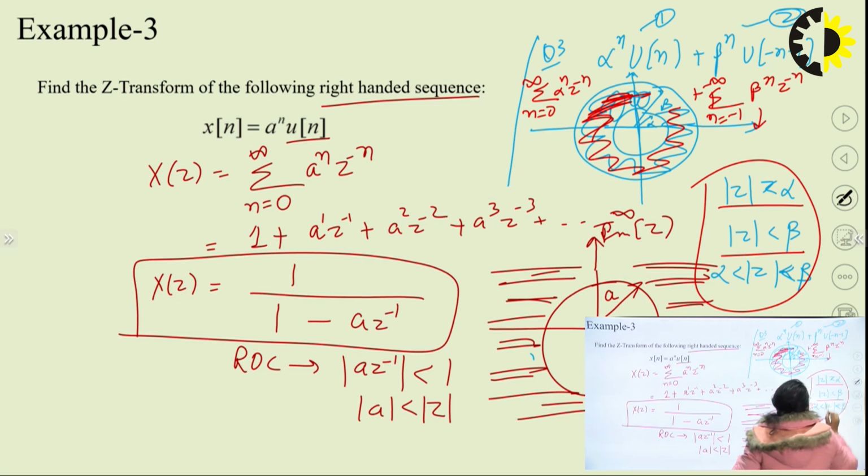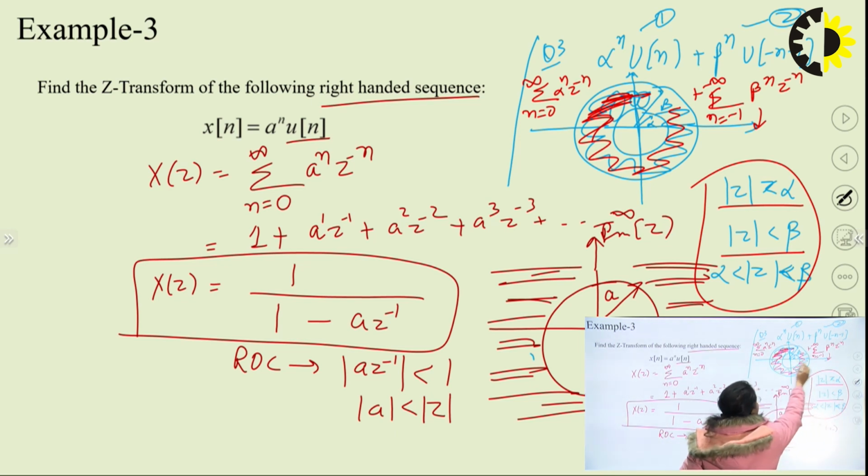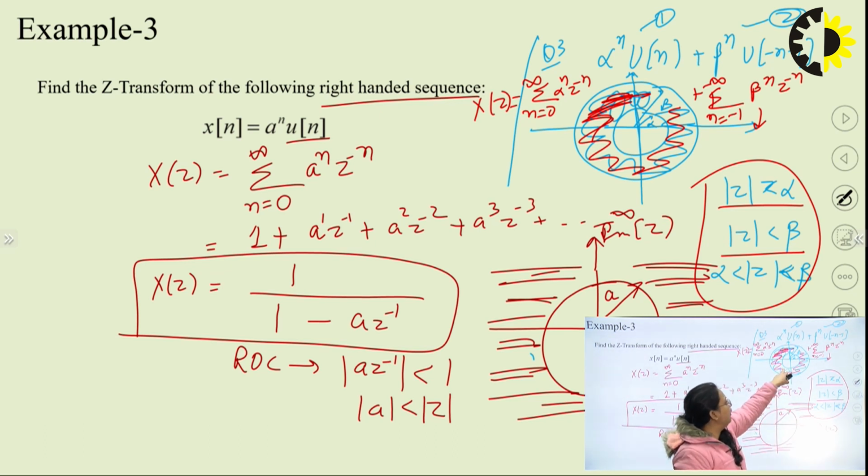For this case you have to put n equals minus m, and then you can get the sequence. You can easily solve for the value of X(z), which simplifies, and the ROC will be the ring, the area between the two circles.